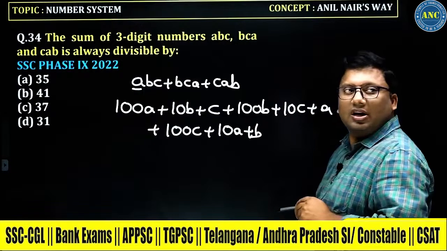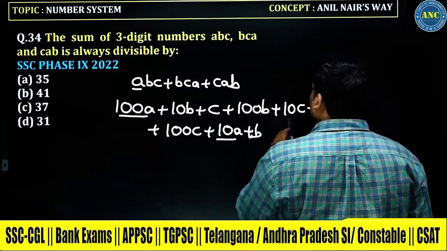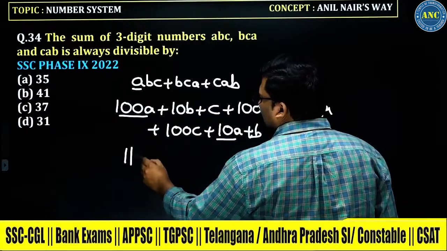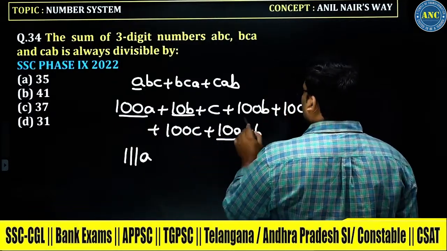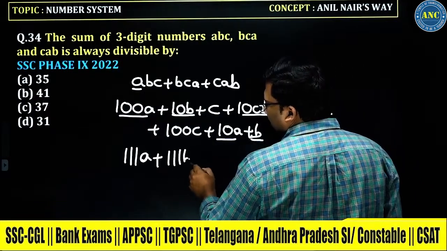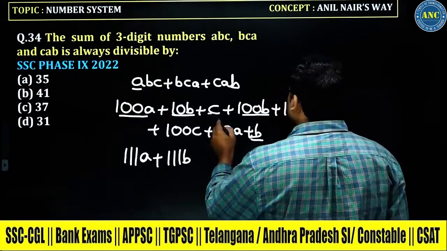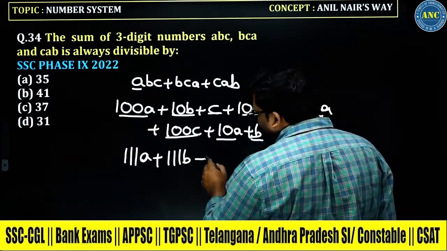Now if you observe carefully, 100A plus 10A plus A is 111A. 10B, 100B and B, again it is 111B. Are you all with me? C plus 10C plus 100C is again 111C.